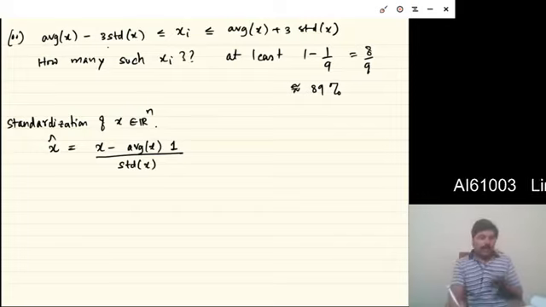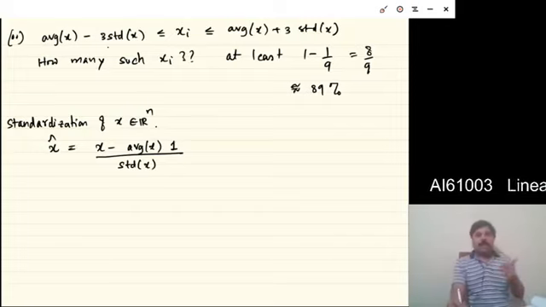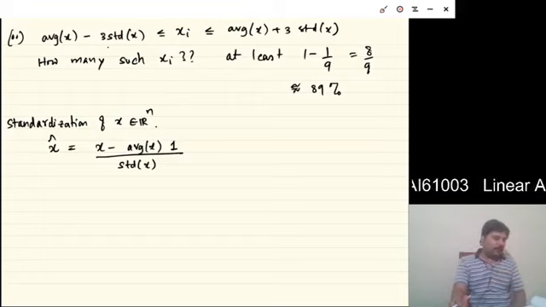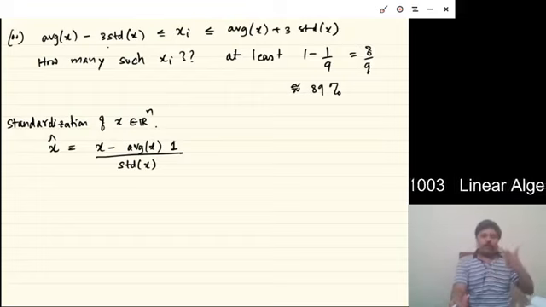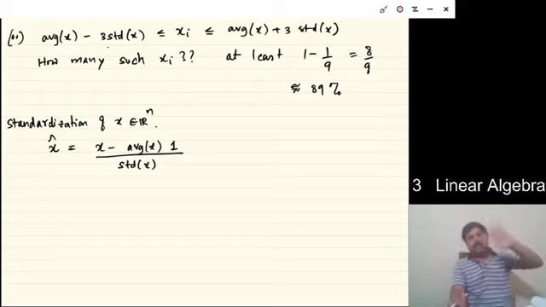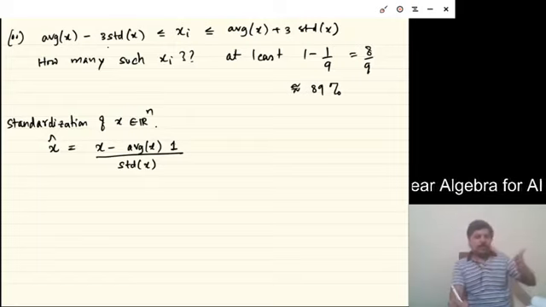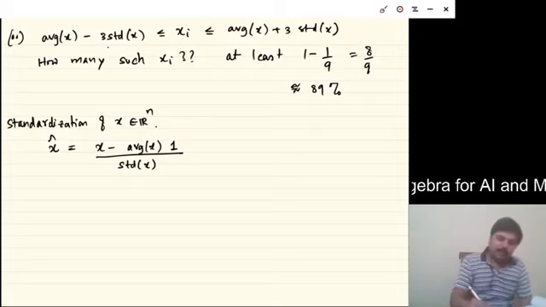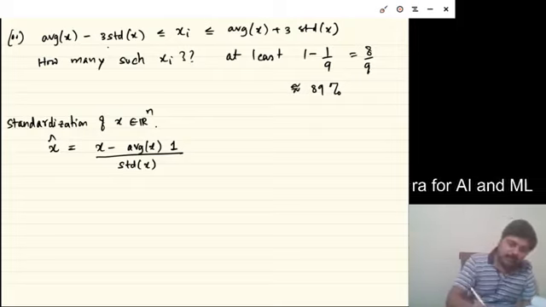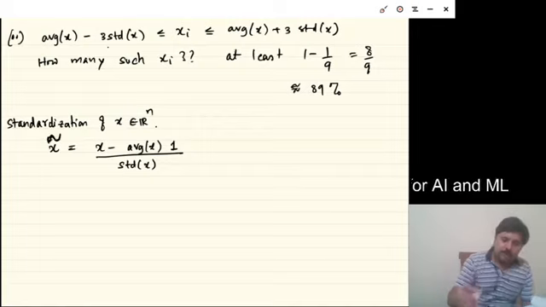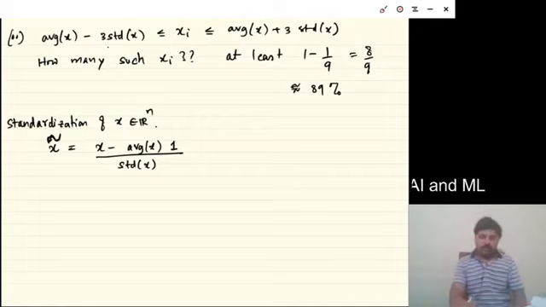So when you do that, all the entries of this x hat are around 0. The positive value means the given value is above the typical value of this vector. Maybe I'll call it x tilde because I already have used x hat for the numerator.